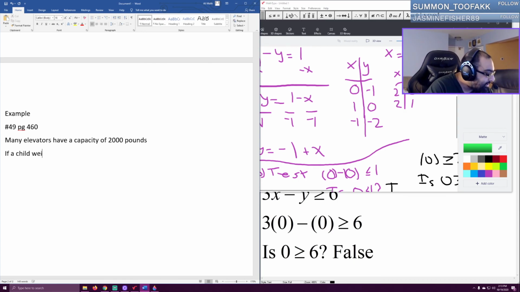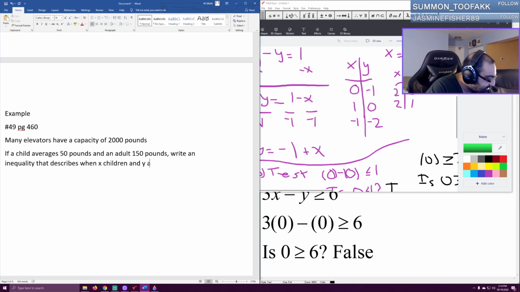If a child averages 50 pounds, and an adult 150 pounds, write an inequality that describes when x children and y adults will cause the elevator to be overloaded.